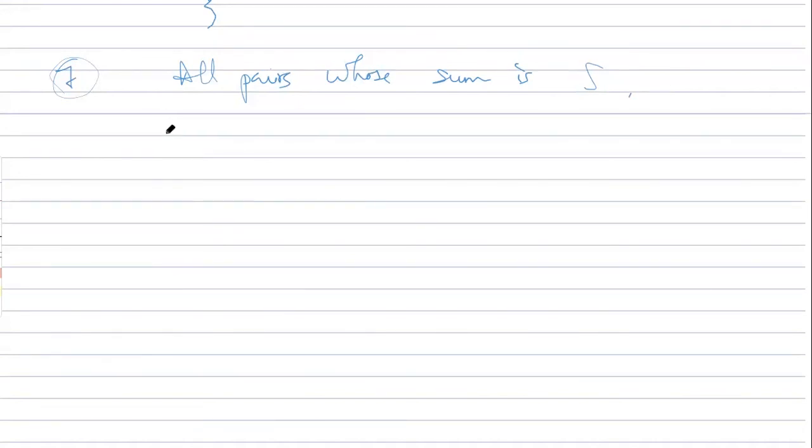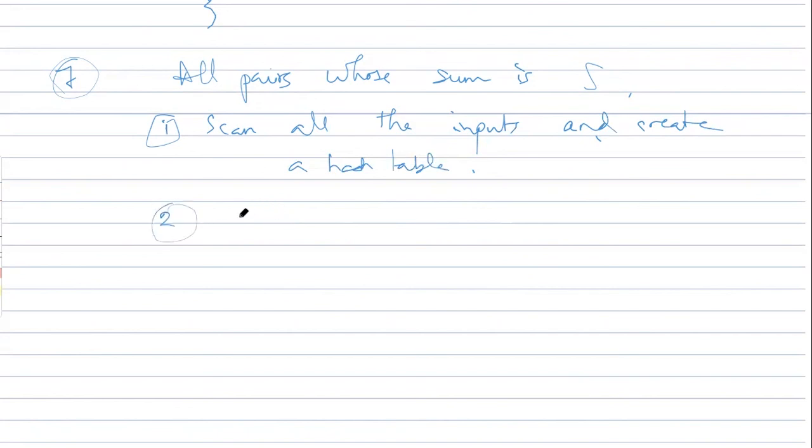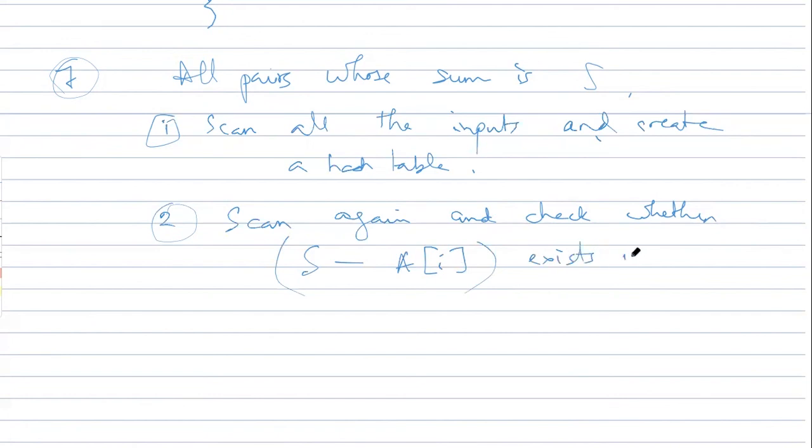So you can scan all the inputs and create a hash table, right? And then you scan again and check whether the sum minus your corresponding a of i exists in the table, right?